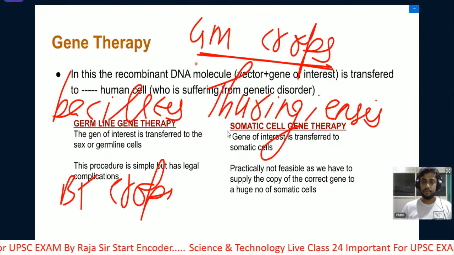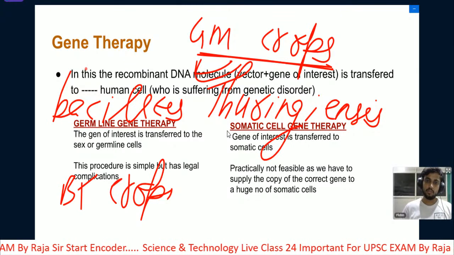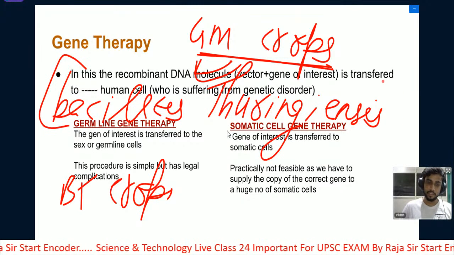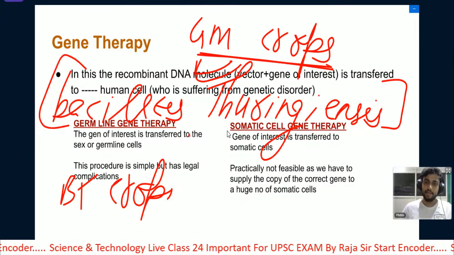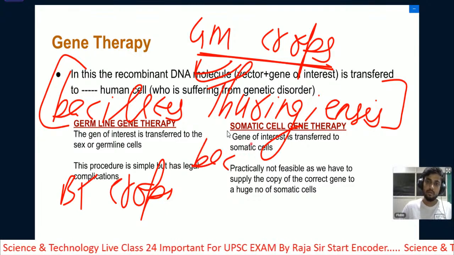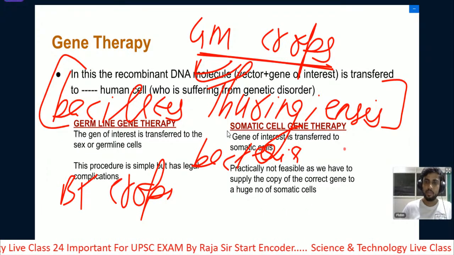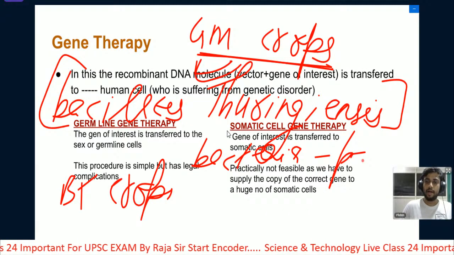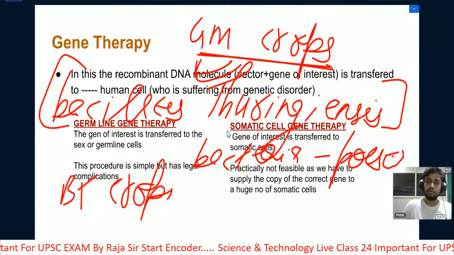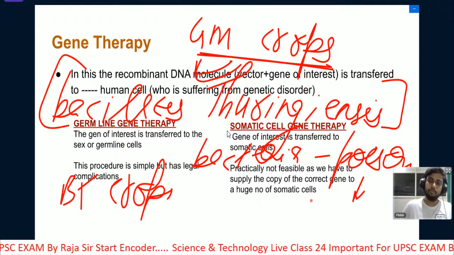So please verify this spelling from Google. So BT is Bacillus thuringiensis, and it is a bacterium. This bacteria produces a kind of poison, and that poison is known as BT toxin.